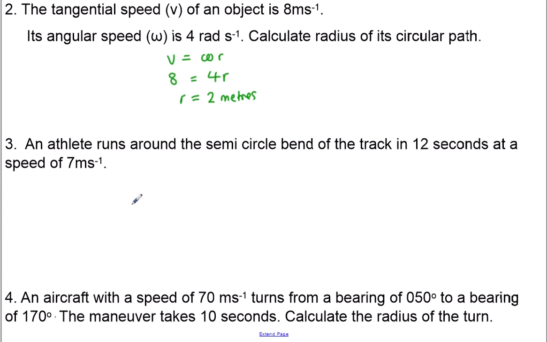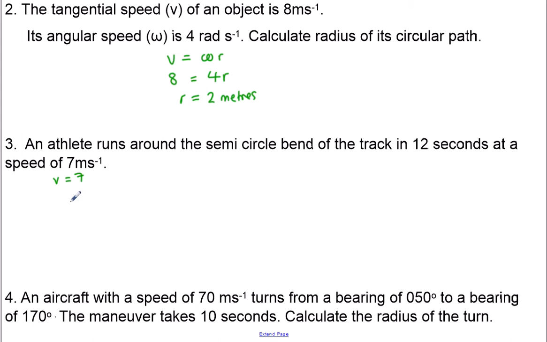An athlete runs around the semicircle bend of a track, so one complete semicircle in 12 seconds at a speed of 7 meters per second. So v is 7. We don't have the radius.